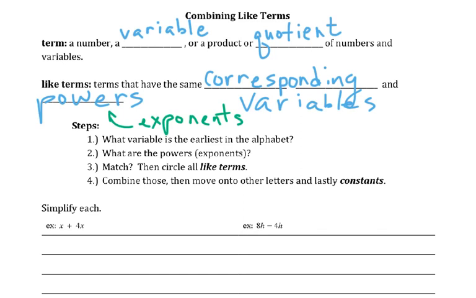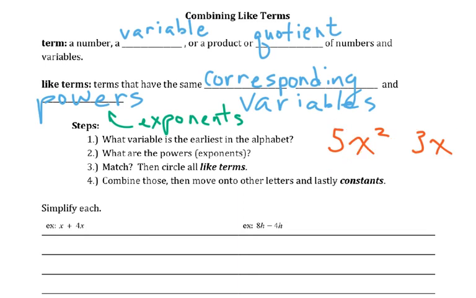So like terms have the same corresponding, so this x could have a 5 in front, this x could have a 3 in front, and these would be considered like terms because they have matching variables, and they also have the same power, which would be 1. If this said 5x squared, while the other said 3x, these would not be like terms.